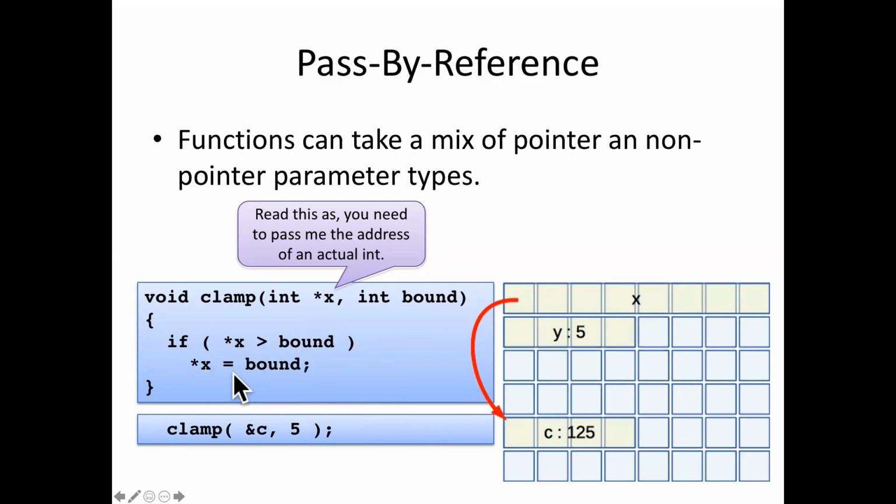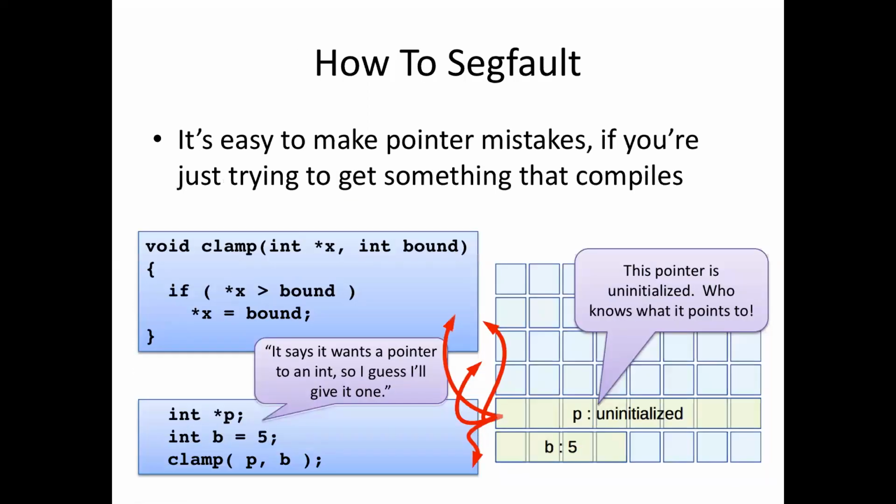I have to look at the int x points to. When I call it, I have to give it the address of a real int as the first parameter, but I can give it any old integer value as the second parameter, including just a constant. So realistically, as you're designing code, you're going to think about which parameters need to be passed by reference, which ones you can pass by value.